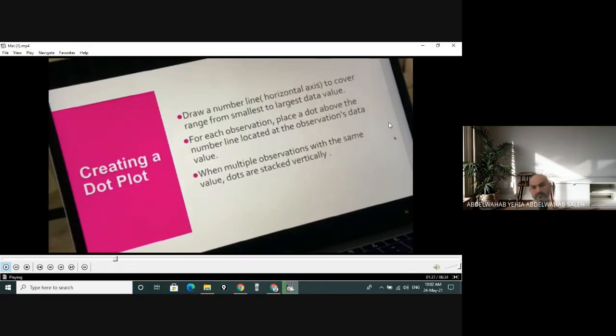Creating a dot plot. Draw a number line, the horizontal axis, to cover the range from small to large data values. For each observation, place a dot above the number line located at the observation's data. When multiple observations have the same value, dots are stacked vertically.